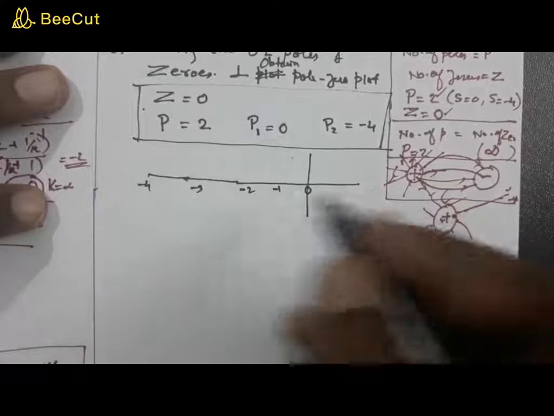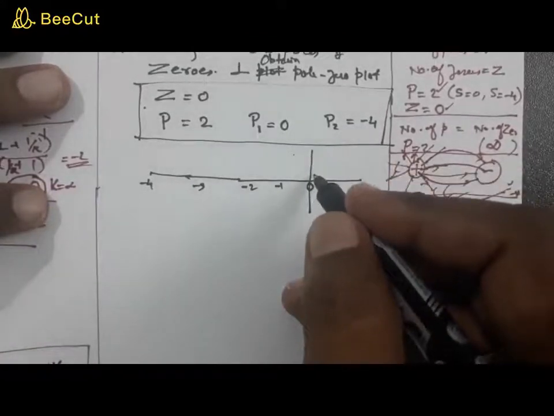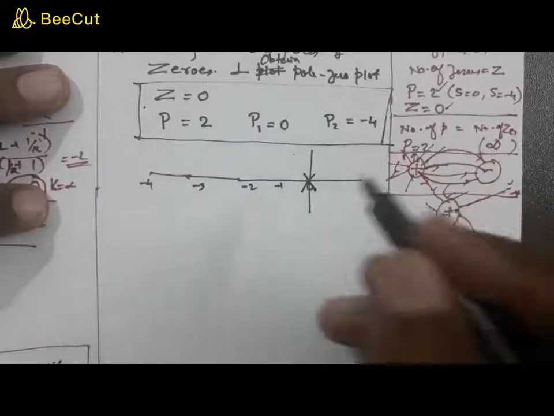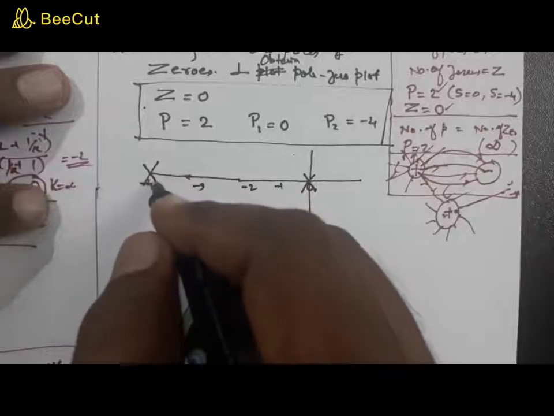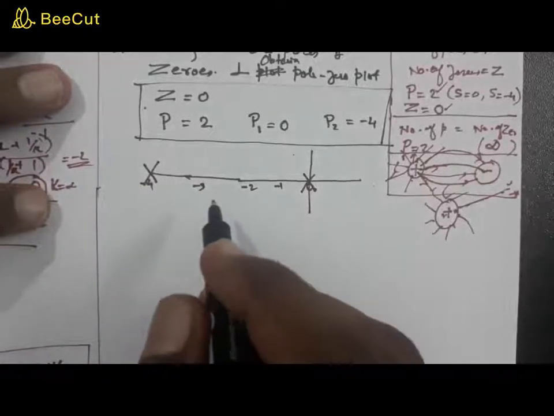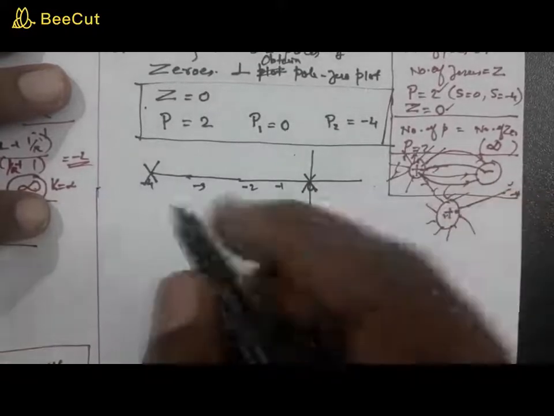Now at 0 you have a pole. The pole is marked by a cross in a pole zero plot, and you have another pole residing at minus 4. That is also another pole. You can mark that in your graph sheet.